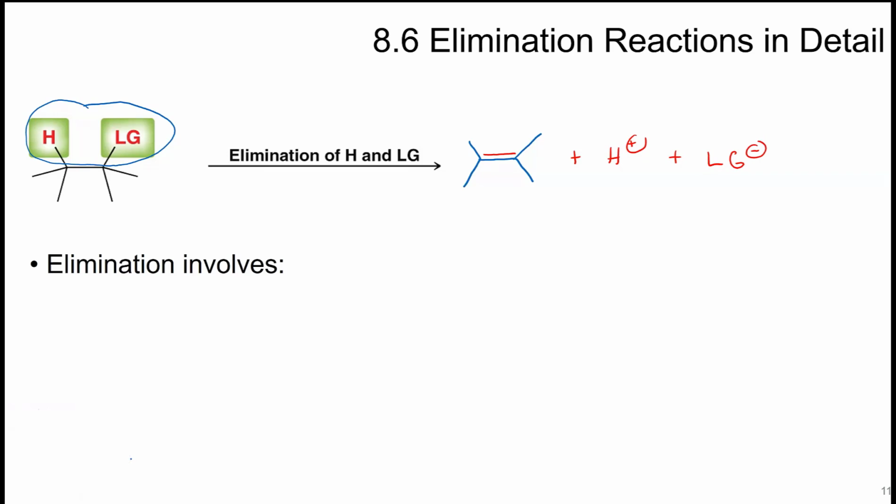And elimination involves a leaving group, a base, not a nucleophile, and a beta hydrogen that's next to the leaving group. So all eliminations are going to involve both the loss of a leaving group and also a proton transfer. The mechanism can be one step or it can be stepwise.